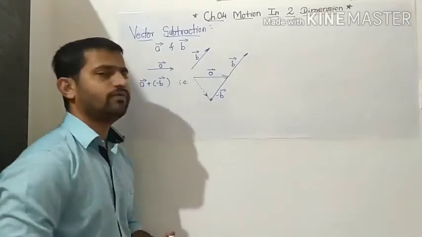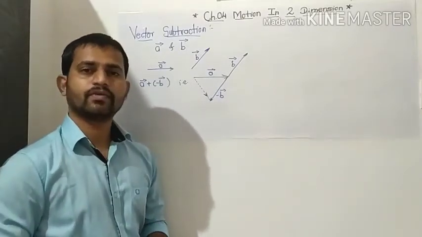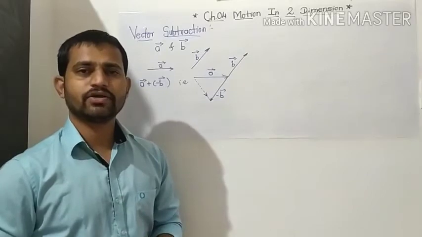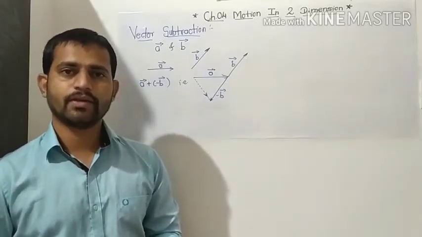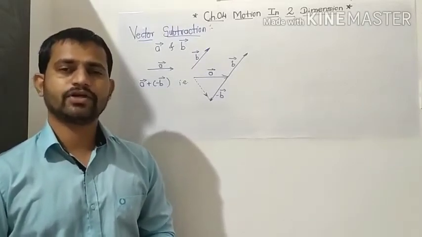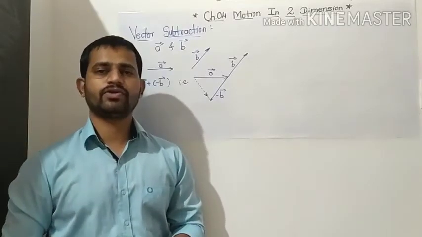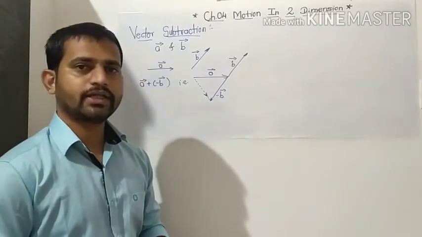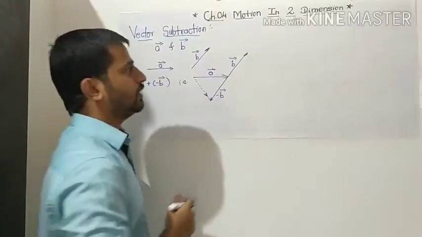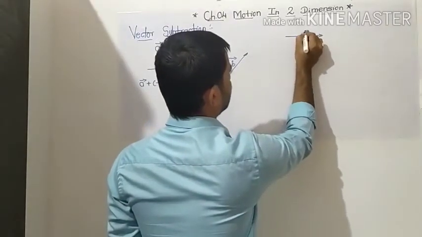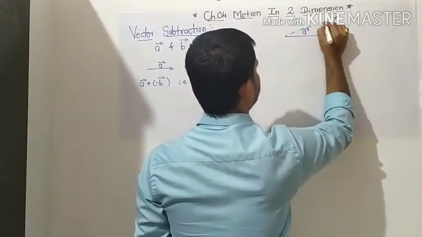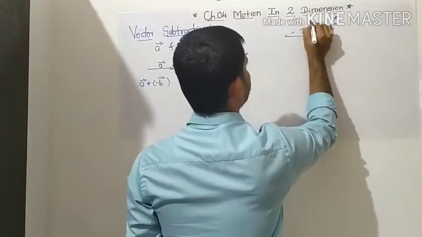Now, if we go for B minus A, we come to know that A minus B is not equal to B minus A. For addition, A plus B will be equal to B plus A. Suppose we add these two vectors: we draw vector A and then vector B, and we get this resultant.